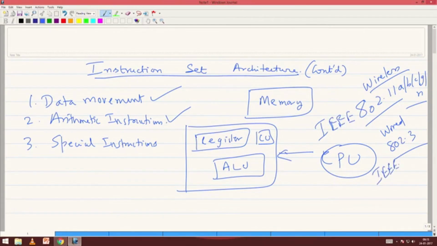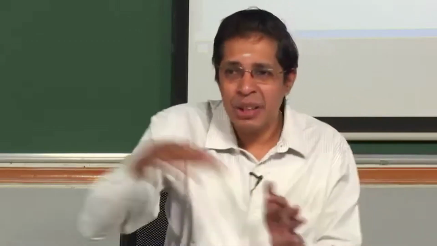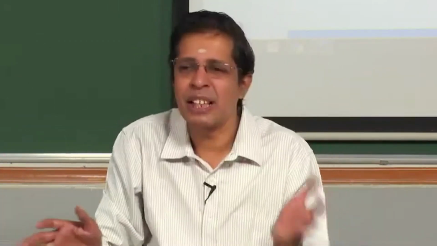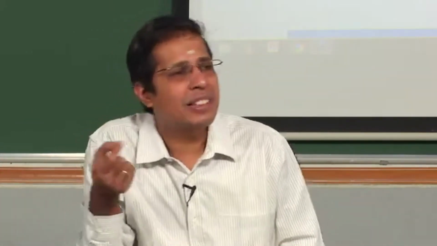Now one of the important packet processing functions is to convert an 802.11a packet into an 802.3 packet, right? 802.11a will have some header, 802.3 will have some other type of header. So this conversion from one format to another format is a very important functionality of a network processor, correct?